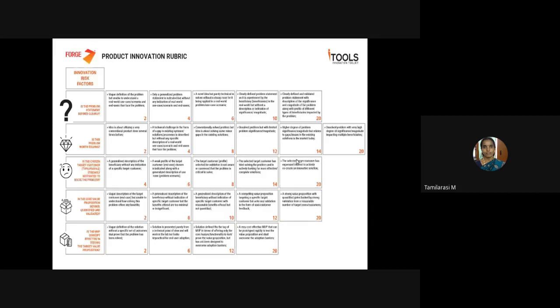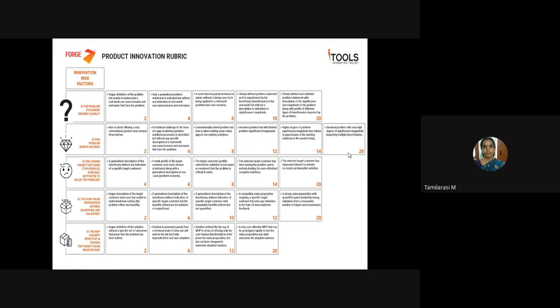Okay. So the next 20 points will be given to the unsolved problem with very high importance, and it will impact many beneficiaries. Your problem is not at all solved, but it has high importance to be solved for the highest number of beneficiaries. If that is the case, then you can give the mark score as 20 points for your project.